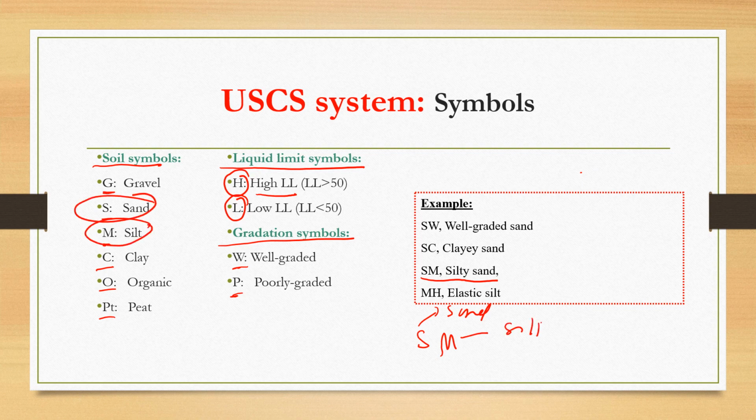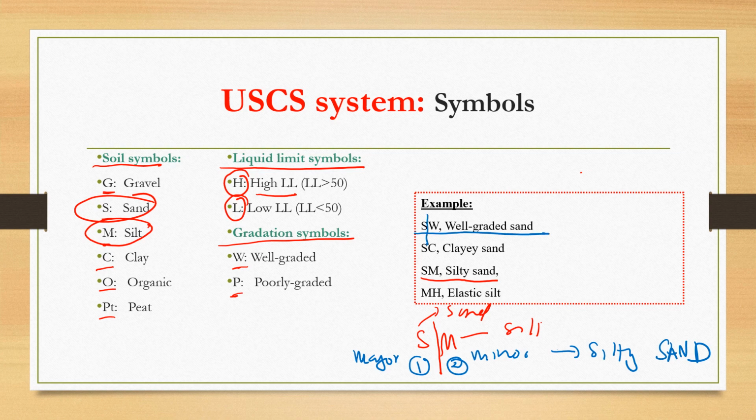So you look at the first letter. This is the first letter, this is the second letter. The first one is considered the major type of soil, and this one is the minor type. So your soil most likely has more sand, but it also has silt. So when you read it, silty sand.